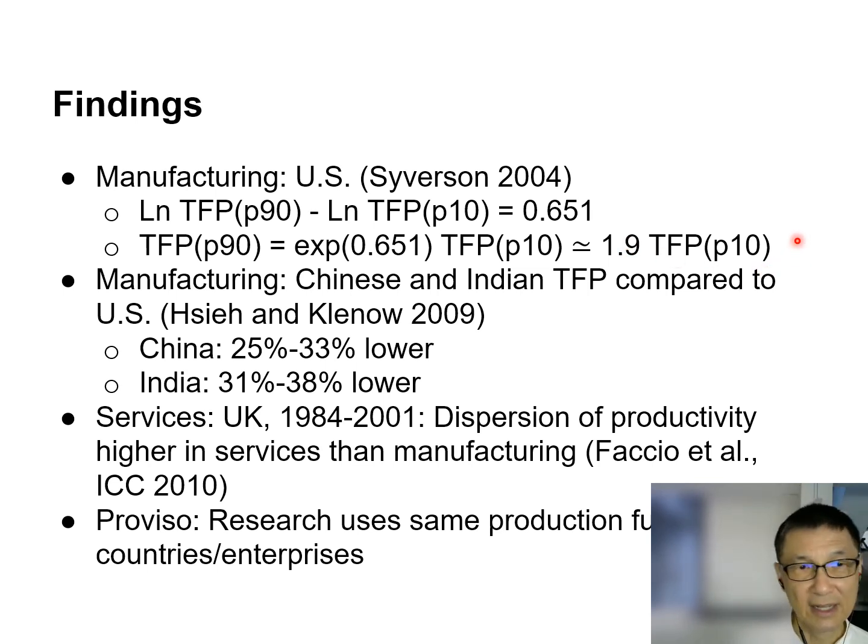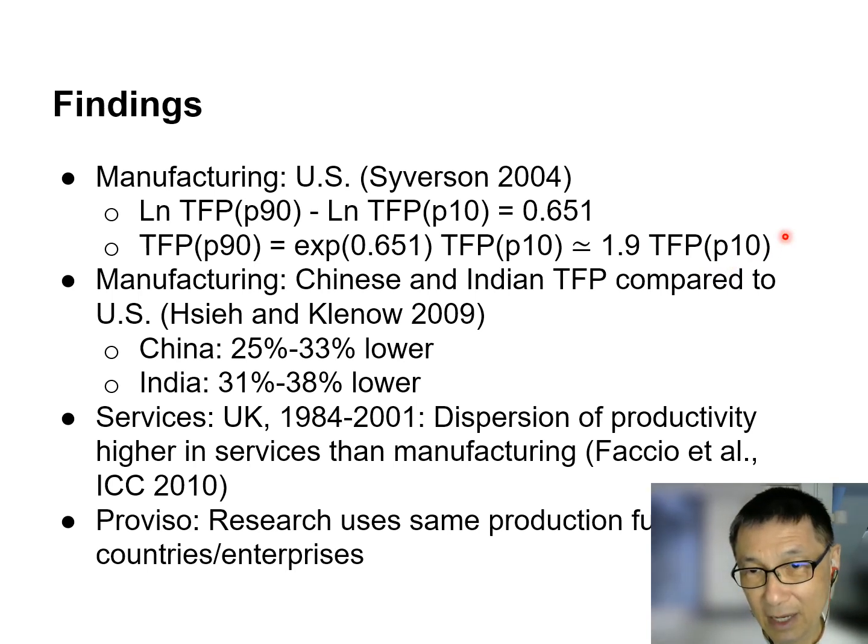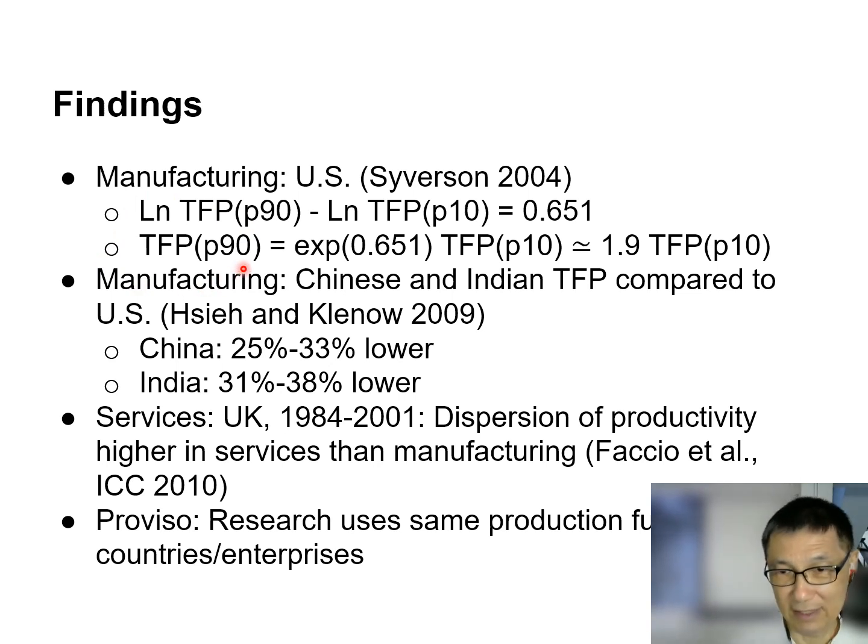It says that the 90th best performer has a TFP that's almost double the 10th from the bottom. The policy implication is awesome. That is, if we can get all these laggard performers to catch up to the 90th percentile performers, we can double their productivity.